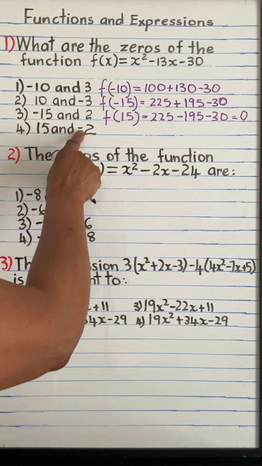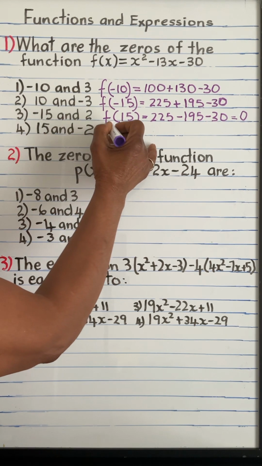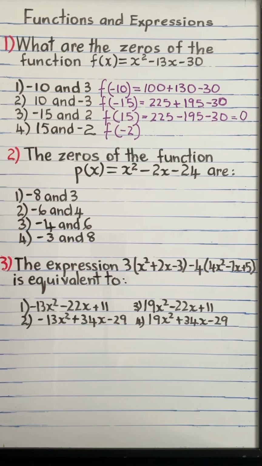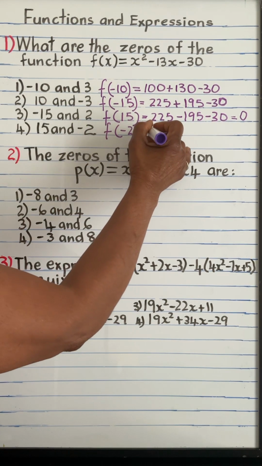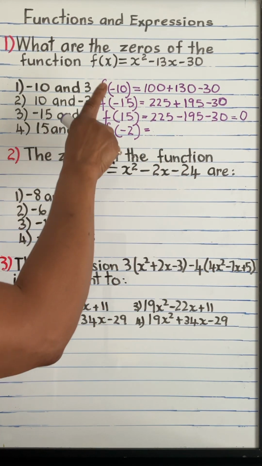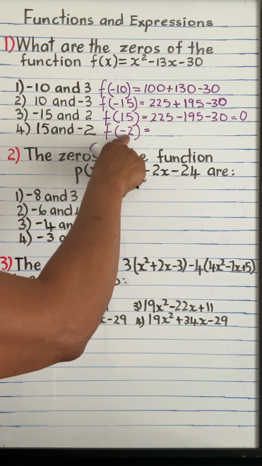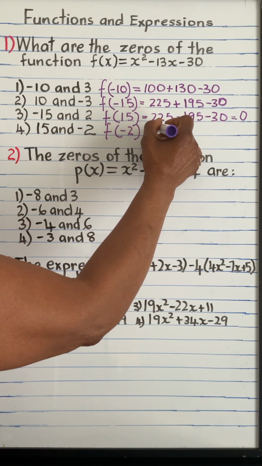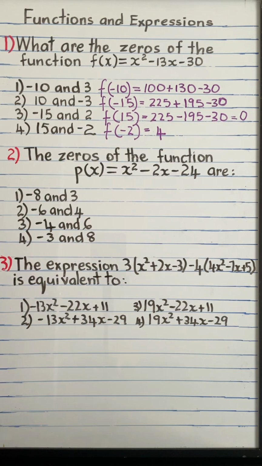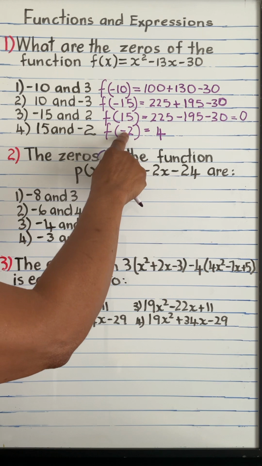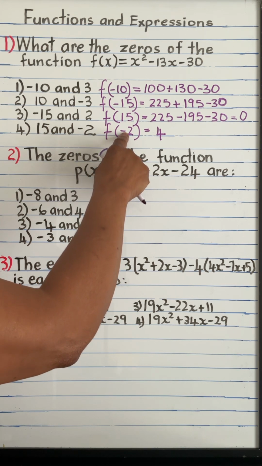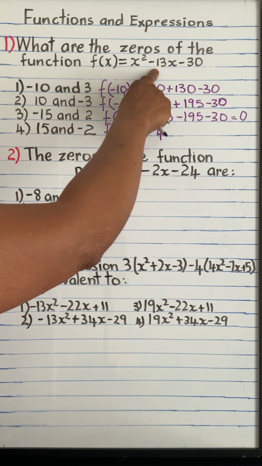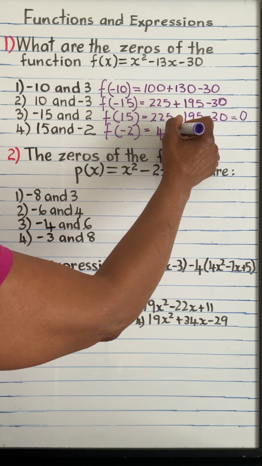So now we have to do this one. f(-2). Negative 2 squared is equal to positive 4. Negative 2 times negative 13 is positive 26.